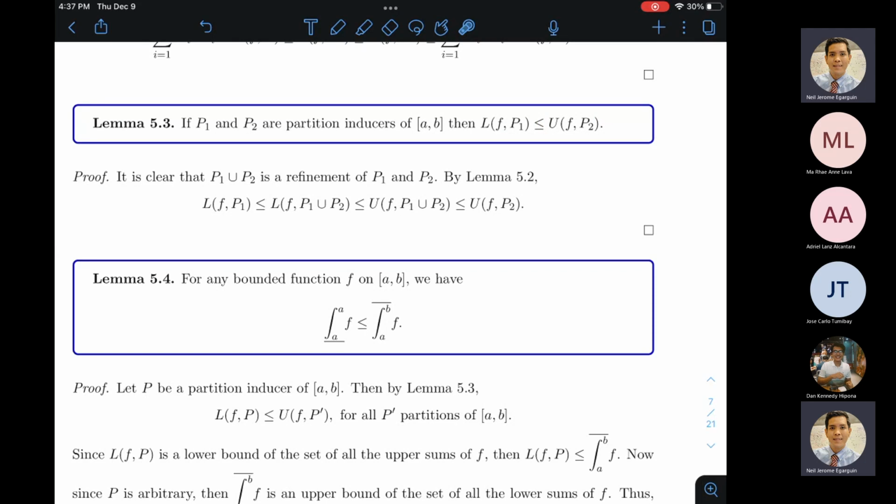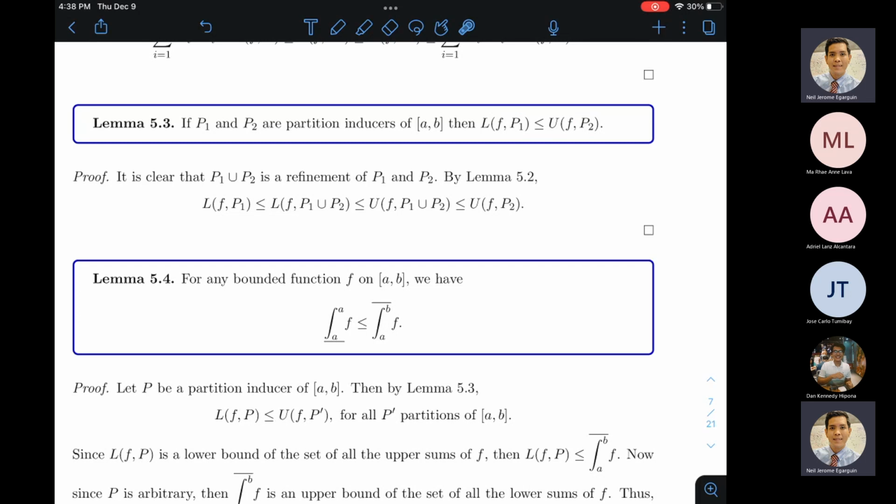So what lemma 5.3 is telling us is that laging mas maliliit yung lower Riemann sum kesa sa mga upper Riemann sums kahit pa magkaiba yung partition inducers na ginagamit natin. Kasi kanina, yung mga inequalities nating dinevelop, parehas yung mga partition inducers. Madali siyang i-imagine kasi ano yung nangyayari?